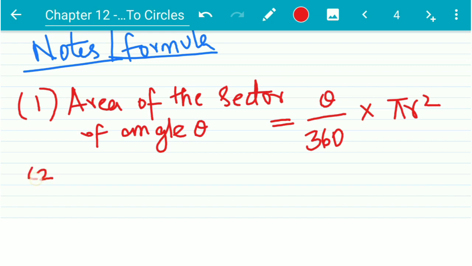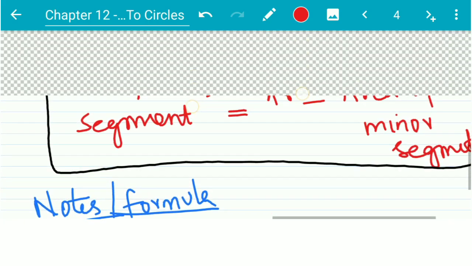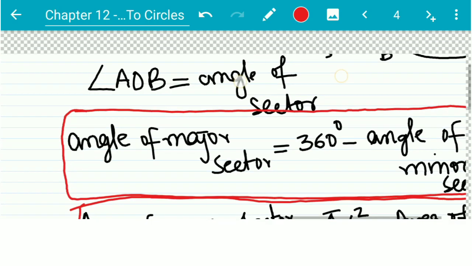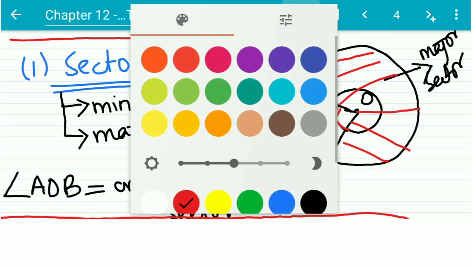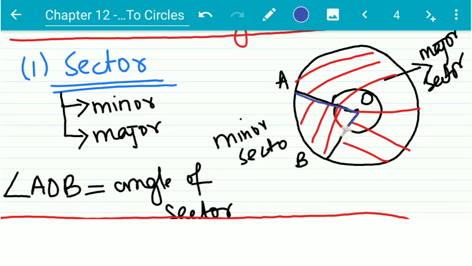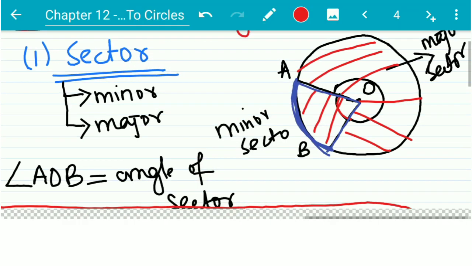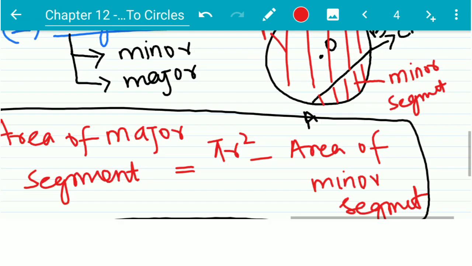Note number 2 or the formula number 2. To find the length of an arc of a sector of angle theta. See, come to the sector diagram. See, this is the minor sector here. So if in the question they are asking what is the length of this arc. Arc means this side. So what is the length of the arc of the sector? You can find it by using a formula. See here.